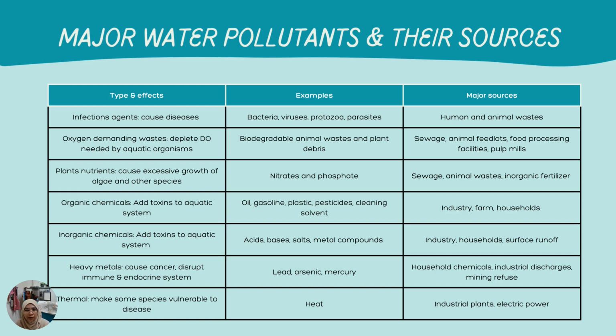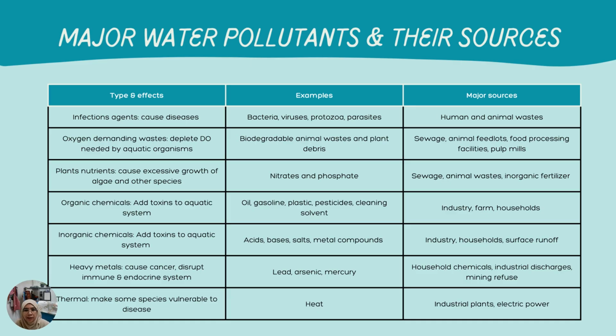Plant debris and biodegradable animal wastes are categorized as oxygen-demanding wastes, which can deplete the dissolved oxygen that is needed by the aquatic animals in the water. Nitrates and phosphates are nutrients that normally come from inorganic fertilizer, sewage, and animal wastes that cause eutrophication.